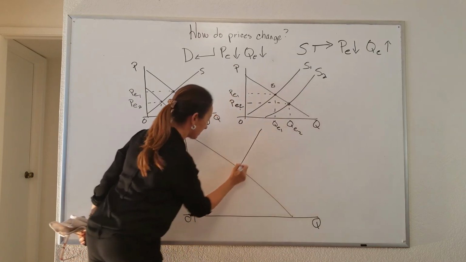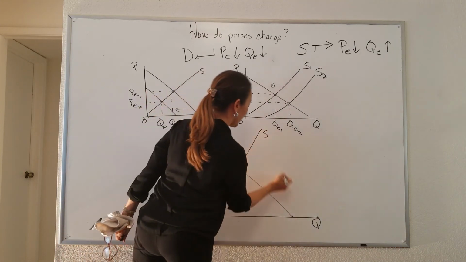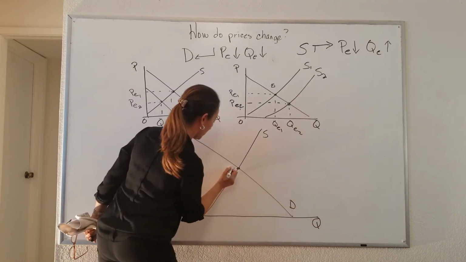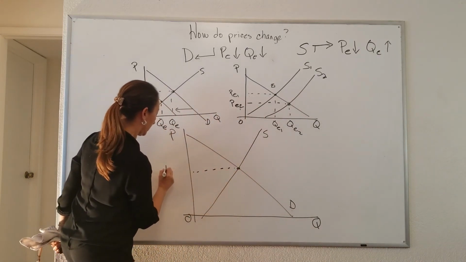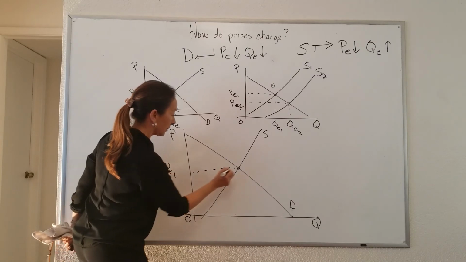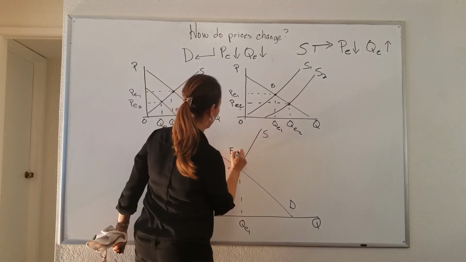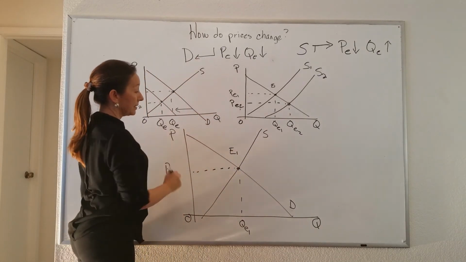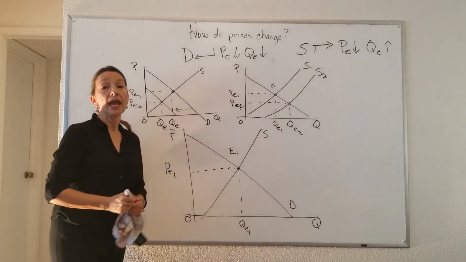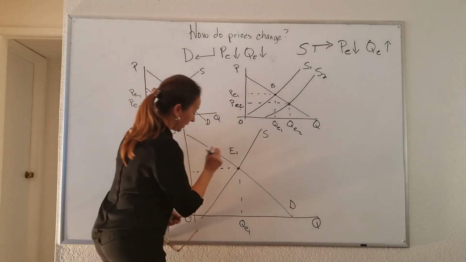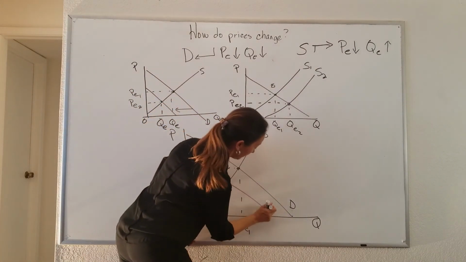Start with your X, easy to remember. All right, demand shifts to the left. We're going to take our demand curve and shift it to the left. A different color here, demand curve shifts to the left.